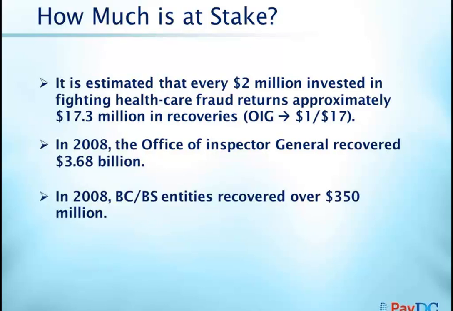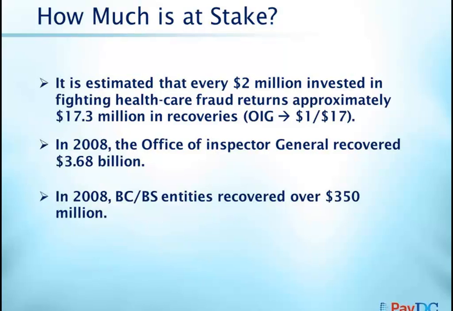One of those ways is that they found that for every $2 million they invest in fighting healthcare fraud, they're getting back about $17.3 million. So private carriers invest $2 million, they get back 17. That is good business. The Office of Inspector General, or OIG, for every dollar they spend, they're getting back close to $17. So it's really good business to fight fraud and abuse, okay?